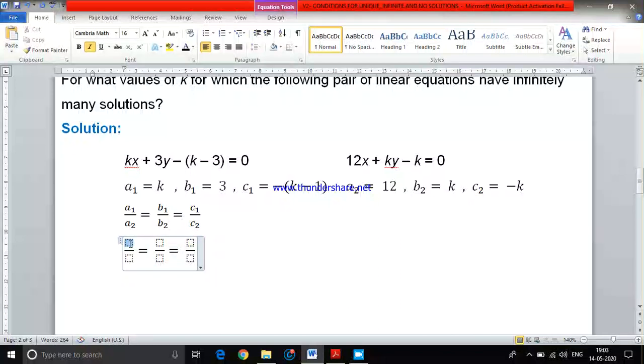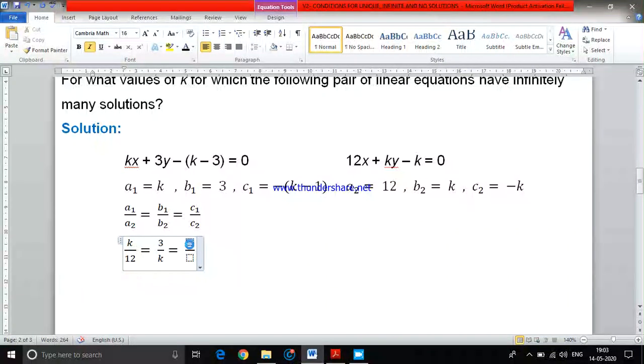So let me substitute the values. A1 is k, then A2 value is 12, be careful. B1 value is 3, you have to substitute correctly. B2 value is k, then C1 value is minus (k minus 3).